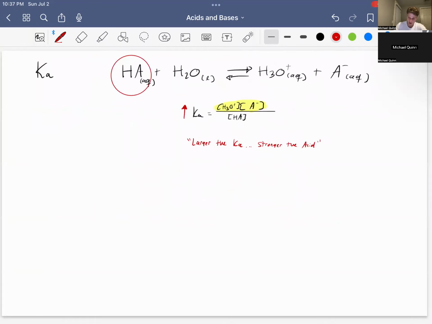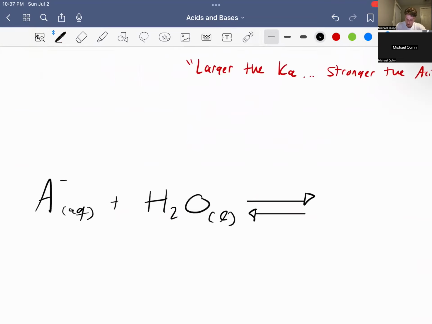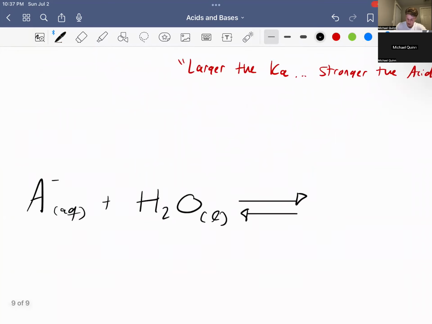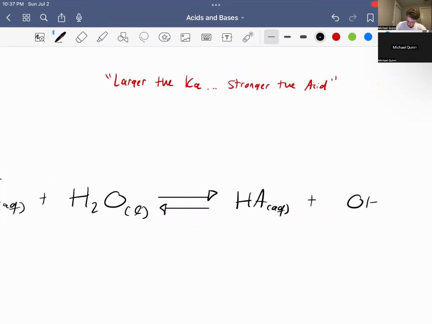So if we think about Kb, the base reacting in water, remember our base is going to take a hydrogen from water. Water will act as an acid here. This will form HA and OH-, which is hydroxide. Right.